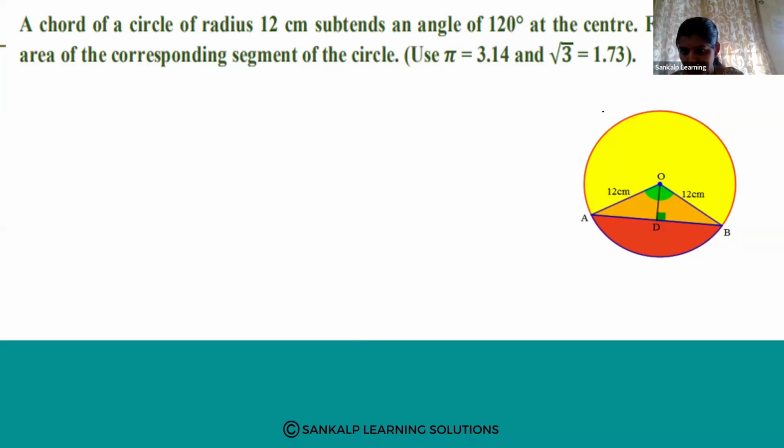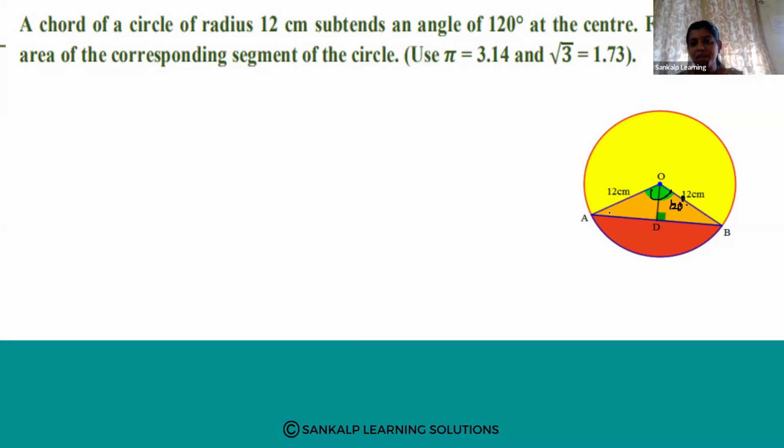That means if you take one circle, it makes an angle of 120 degree at the center. So the angle is 120 degree and the radius is 12 centimeter. Find the area of the corresponding segment of the circle. So this part we are going to find the area of the segment.